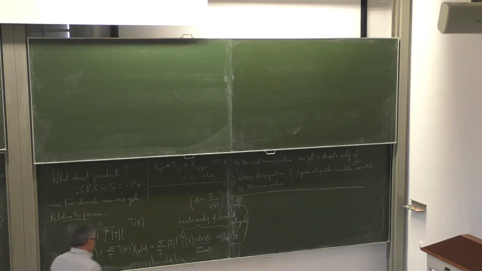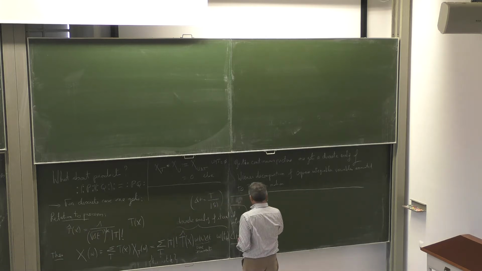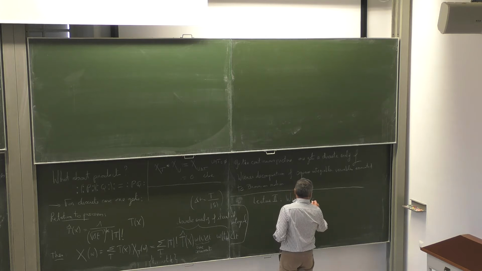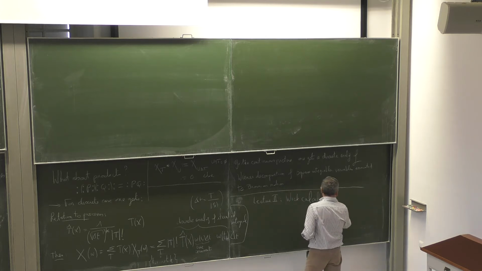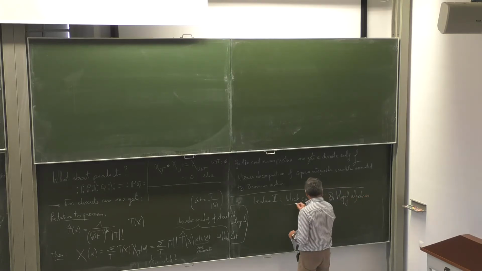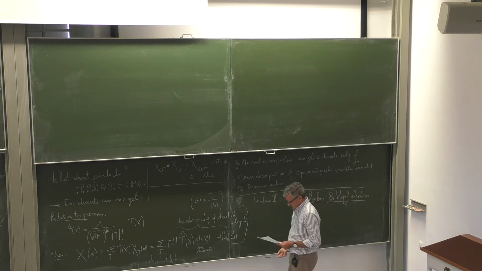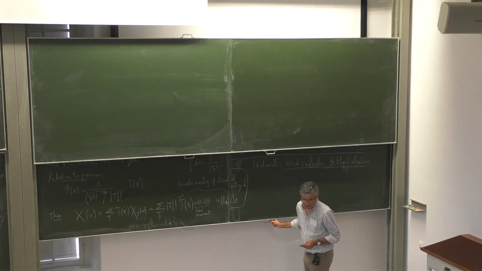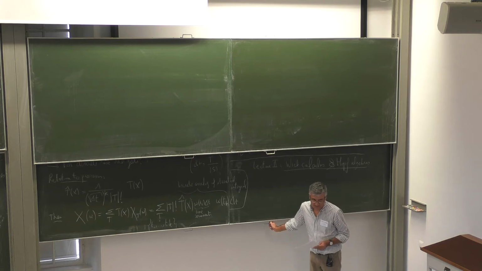So I will turn now to the second lecture, which is on Wick calculus and Hopf algebras. As there will be several lectures discussing Hopf algebras, I will also introduce the basic definitions.